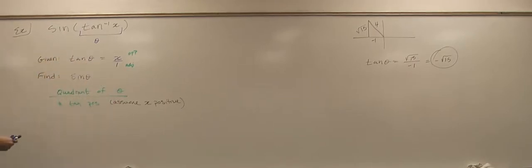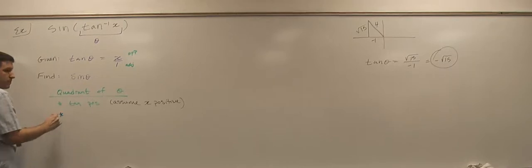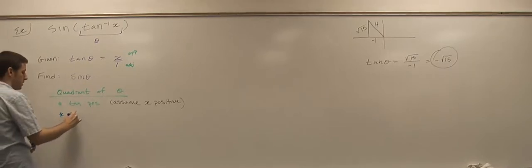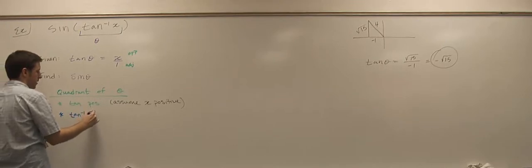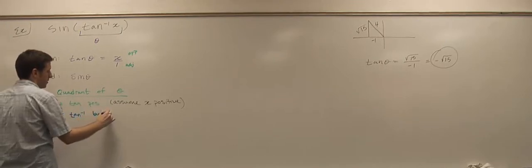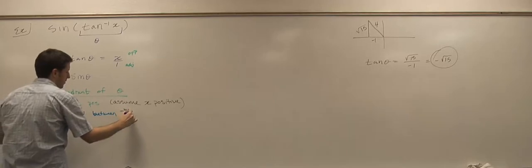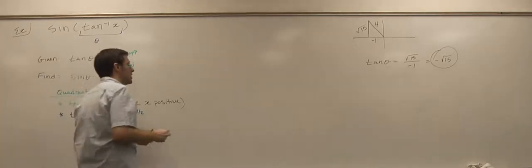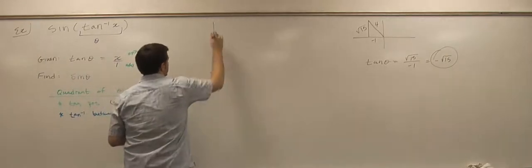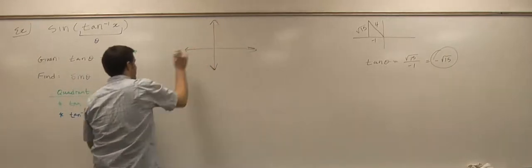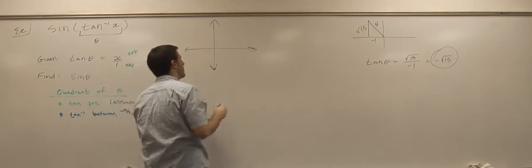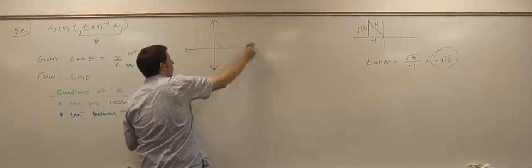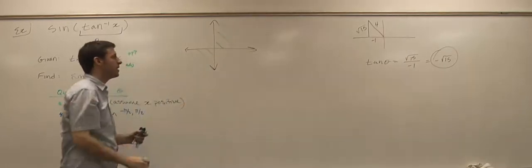What's my other piece of information that I care about? The inverse. Tan inverse is between what and what? Negative pi over 2 and pi over 2. So when I do my little diagram to narrow things down, the fact that tangent is positive puts me in quadrant 1 or 3.